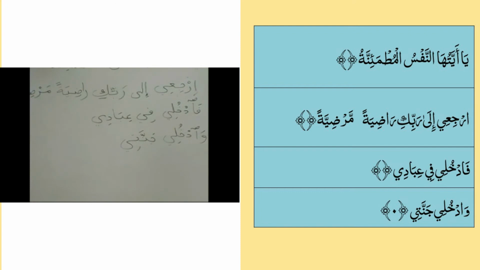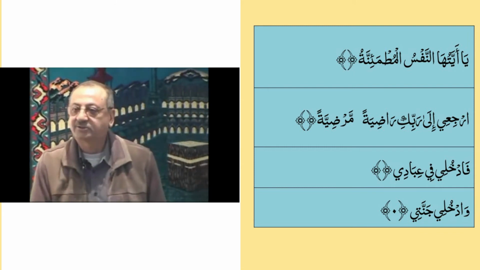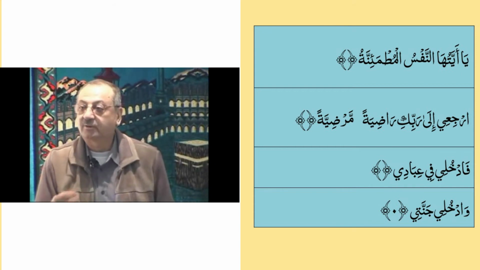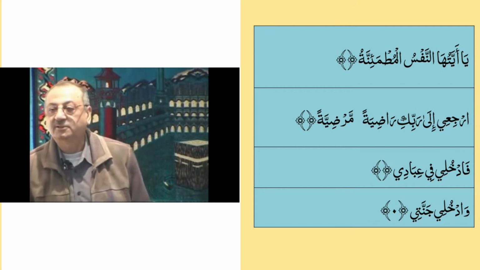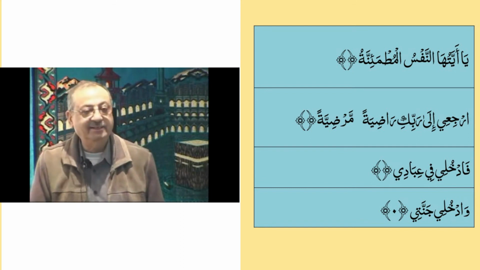My servants. Allah subhanahu wa ta'ala is now inviting the nafs that you did very well in your test in this dunya. You remain pious. You are kind, honest. You are honest, you are kind, you are obedient to your parents, you are helpful to your brothers and sisters and the needy.